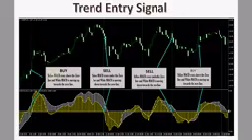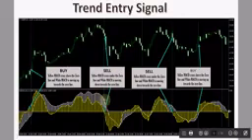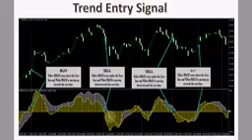So here you have a buy signal because the small one has crossed and the white one is pointing in the same direction. Similarly here, the yellow MACD has crossed downwards and the white MACD is pointing in the same direction, a sell signal. Similarly, a sell signal from here.